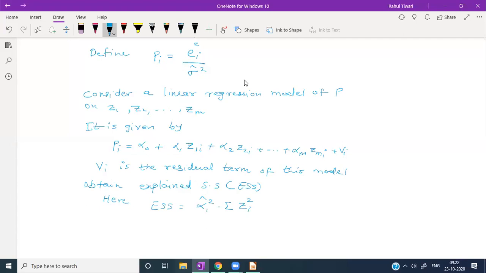And basically now your testing part comes here. H naught: there is no heteroscedasticity, versus H1: not H naught.